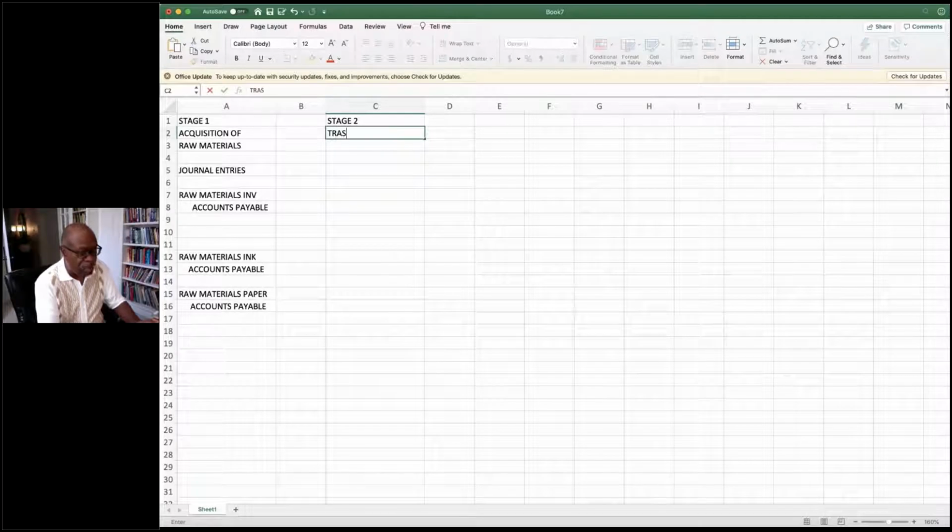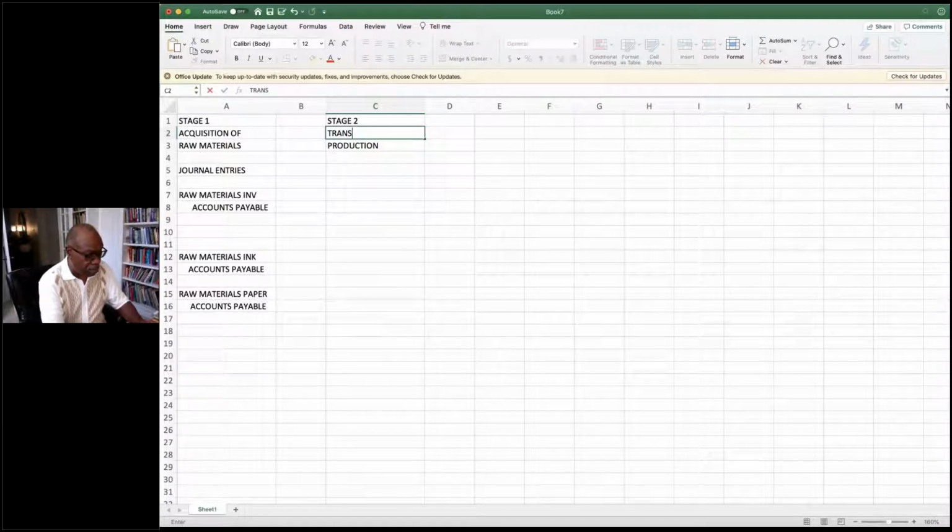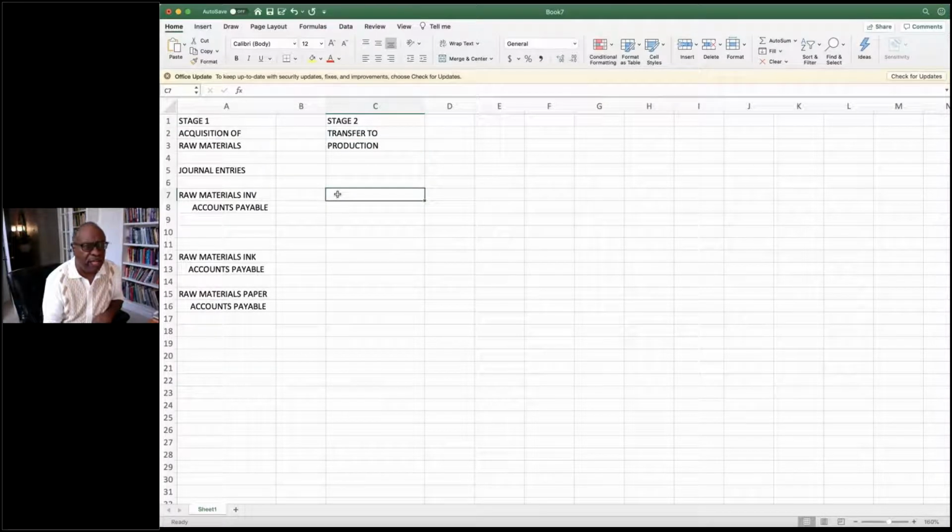We're going to transfer items into production. There are always at least 3 entries we make. We're going to debit work in process.